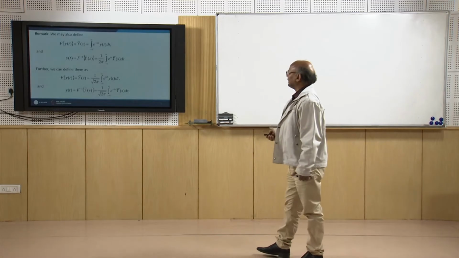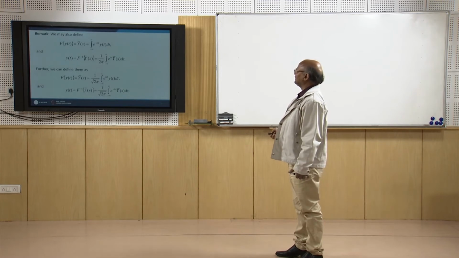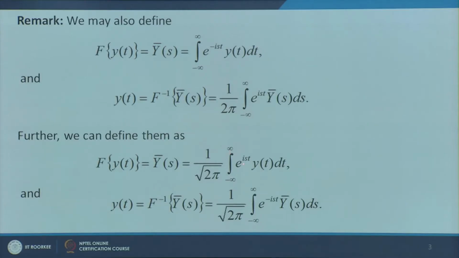Further, some authors define the Fourier transform of ψ(t) as ψ bar(s) = 1 by root 2π integral over minus infinity to infinity e to the power i s t ψ(t) dt, and the corresponding inverse Fourier transform is ψ(t) = 1 over root 2π integral minus infinity to infinity e to the power minus i s t ψ bar(s) ds. So the coefficient 1 over 2π they distribute over the Fourier transform as well as the inverse Fourier transform as 1 over root 2π.